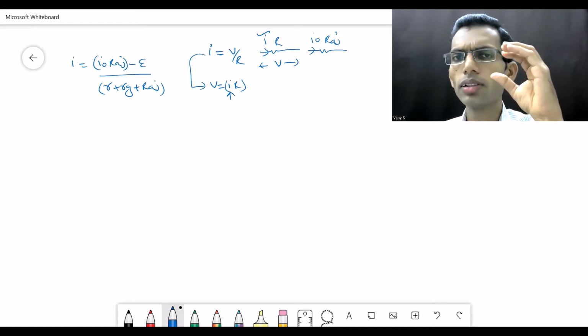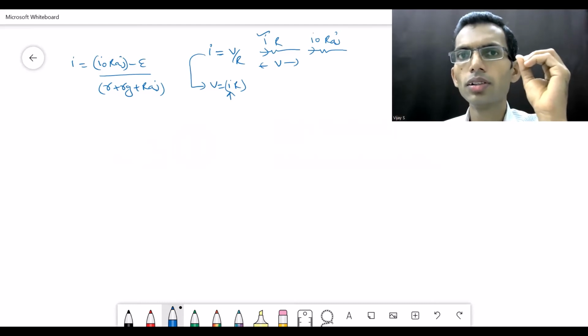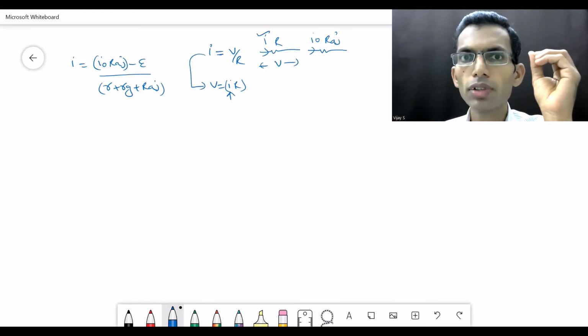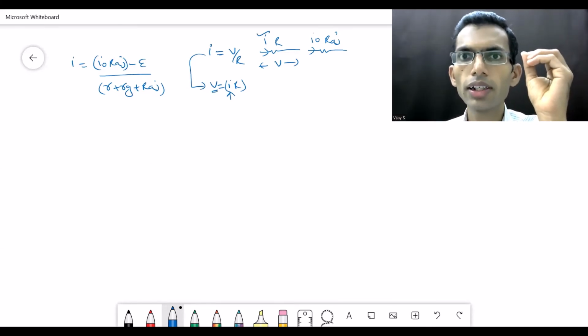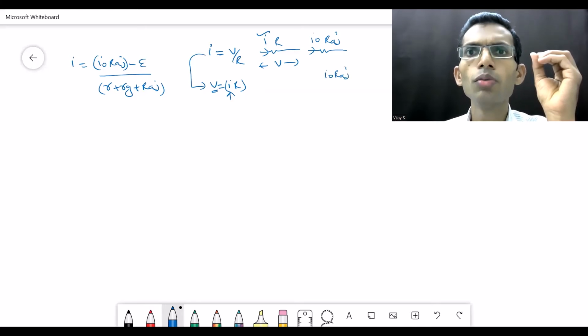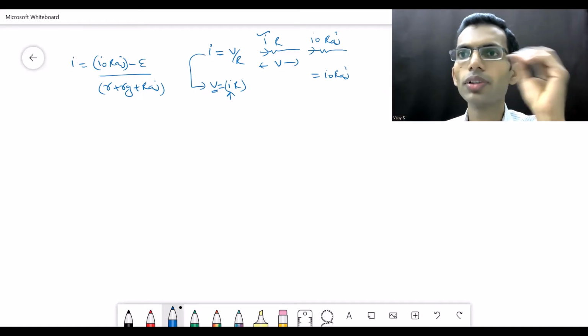What does this product indicate? More precisely, it is equal to potential difference. Here also, the I naught RAJ product is equal to the potential difference across the resistance RAJ, from Ohm's law.